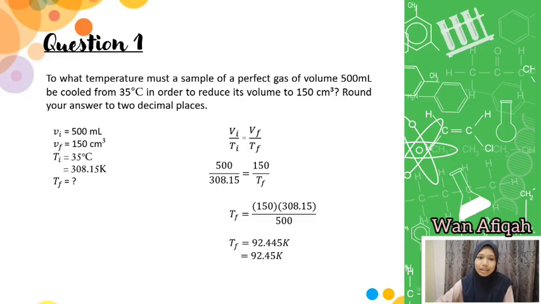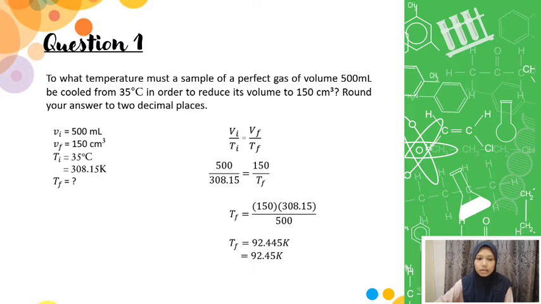Okay, let's look at question 1. To what temperature must a sample of a perfect gas of volume 500 milliliters be cooled from 35 degrees Celsius in order to reduce its volume to 150 cubic centimeters? Round your answer to 2 decimal places. First, we sort out all of the information given.